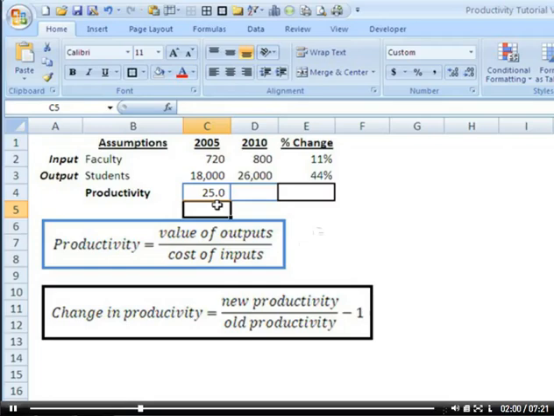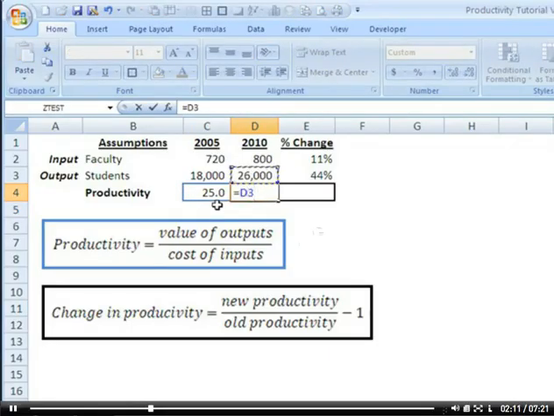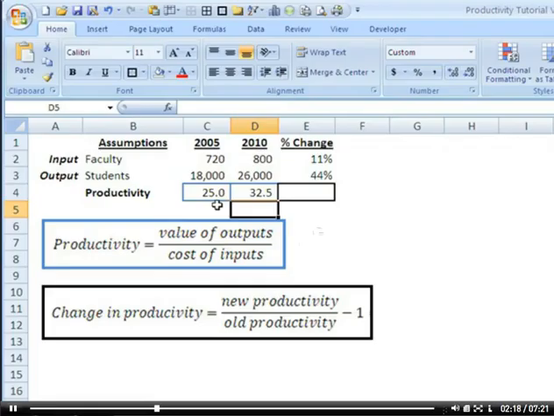And so what that says is with each one faculty member, we're able to serve 25 students. We do the same thing with the 2010 data, and we see that we're able to serve more students per faculty member. And so this is the measure of productivity: 25 students per faculty in 2005, 32.5 students per faculty member in 2010.